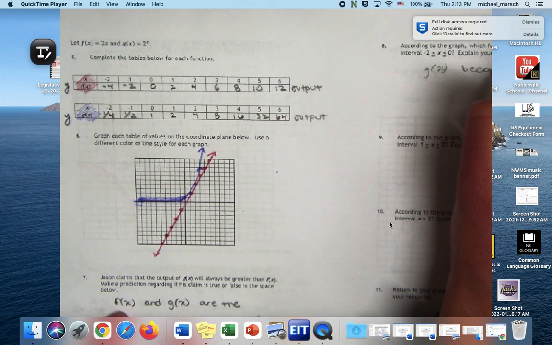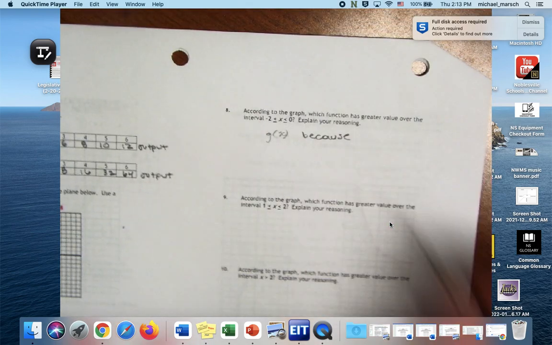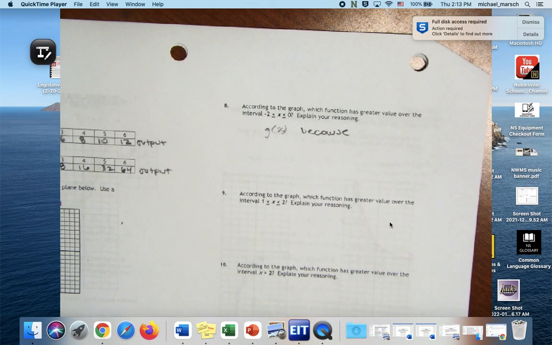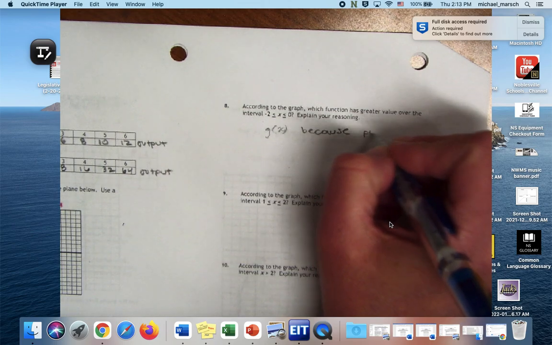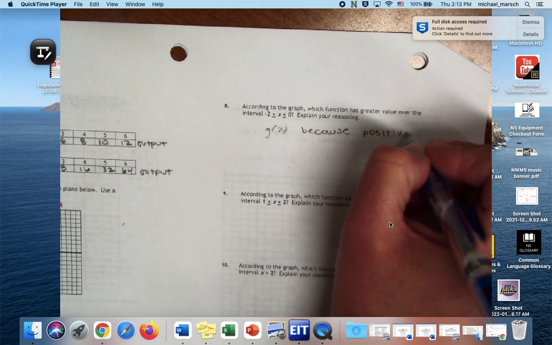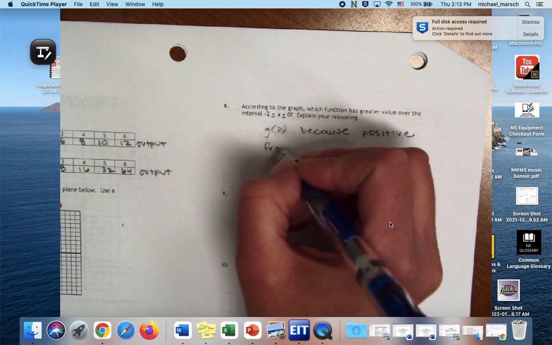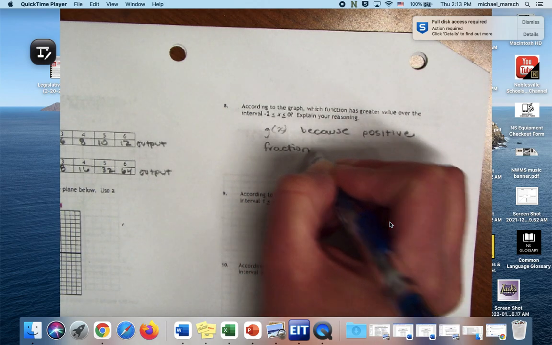Because even though they're fractions, positive fractions are still greater than negative whole numbers, right?